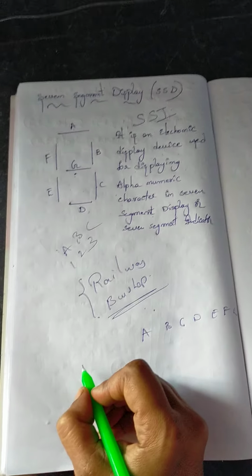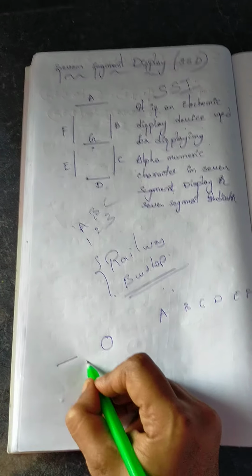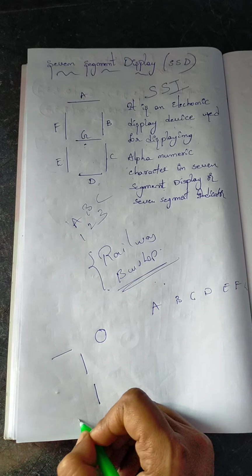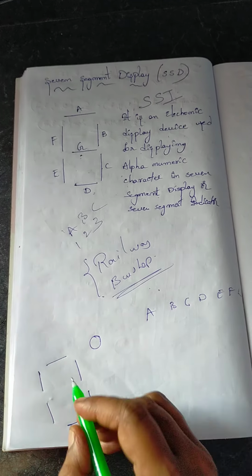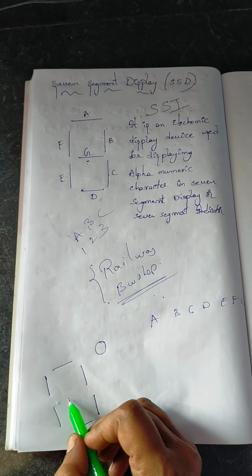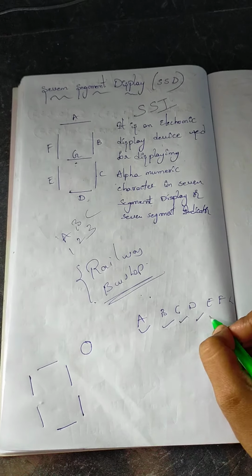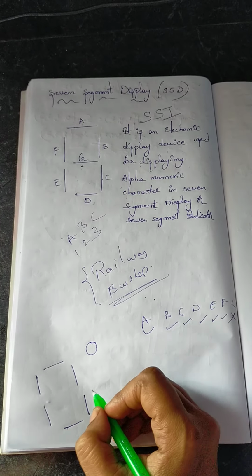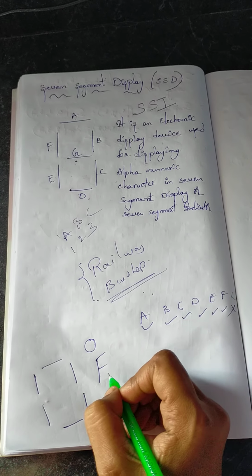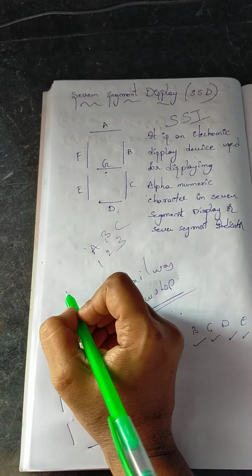If I want to display 0, what is the output? A will be on, B will be on, C will be on, D will be on, E will be on, F will be on. G is off. If I want to display F, which lines are on?